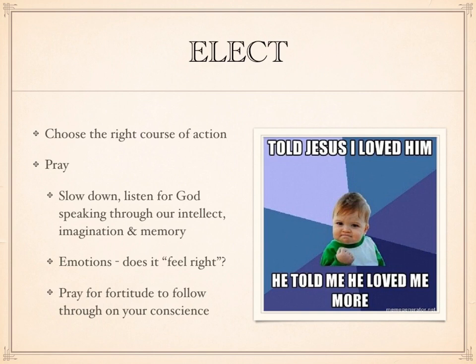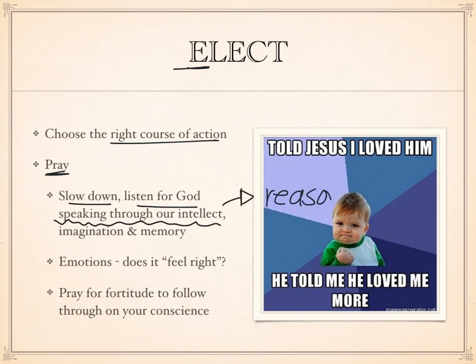So the first E in SEER is elect. Once you know the lay of the land, you need to choose the right course of action. And for this, prayer can be very important because sometimes it's super hard to choose to do the right thing. So slow down, listen for God, speaking through our intellect. Remember, we want to do what's rational.